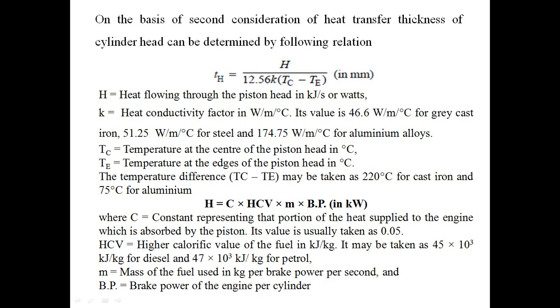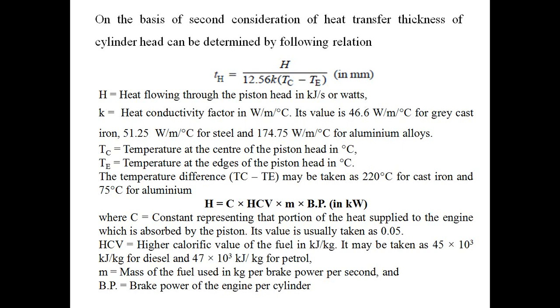The value of H can be calculated by using the following relation. H is equal to C multiplied by SCB multiplied by m multiplied by BP, where C is a constant, the value of C is 0.05, and SCB is the high calorific value.